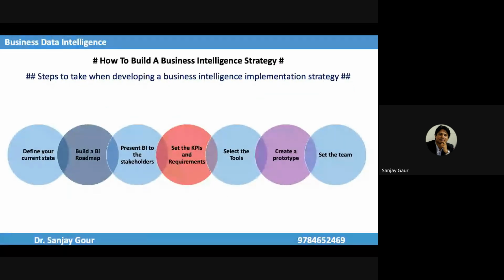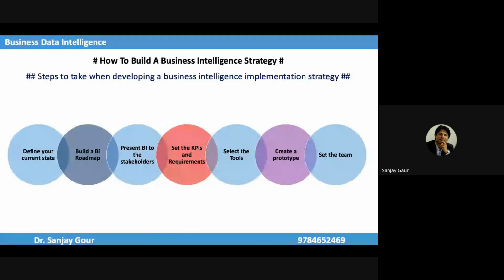Now, the steps to develop proper business intelligence from a management point of view. If you're talking about the business intelligence strategy, first define your current state: where you actually are, which kind of database you have, and how many databases you have in hand. This is a very important thing. Data is gold.